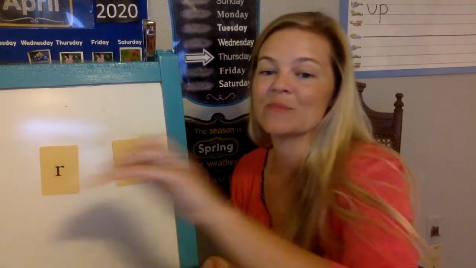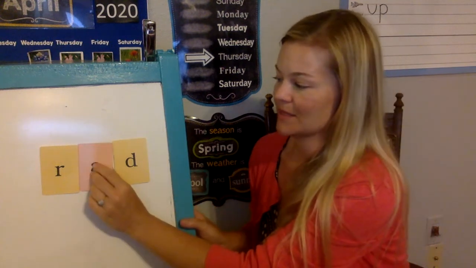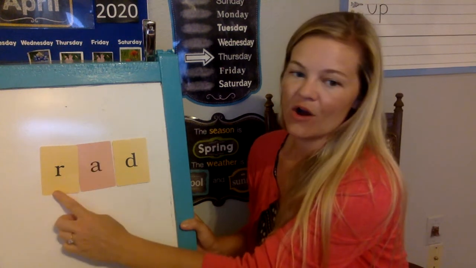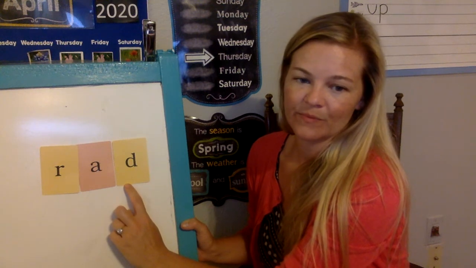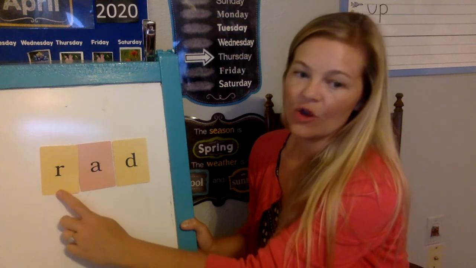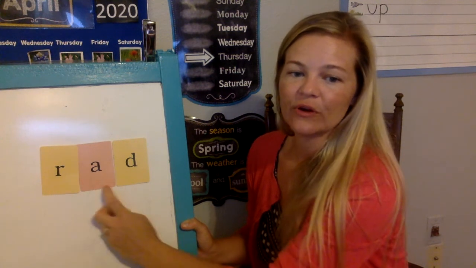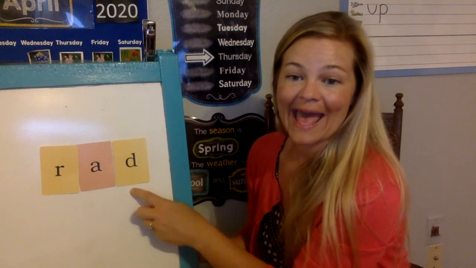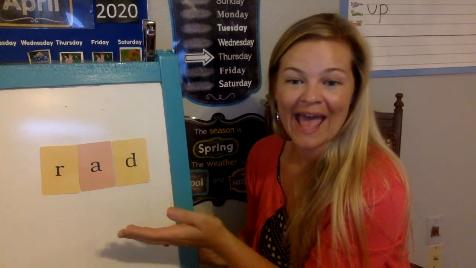And now I want to put an A in the middle and see what that spells. Let's see what R-A-D spells. Let's sound it out. R-ad. Rad. Rad is another word for like cool or amazing.